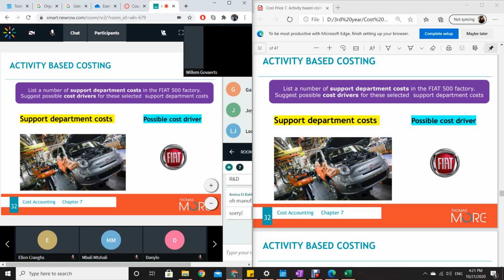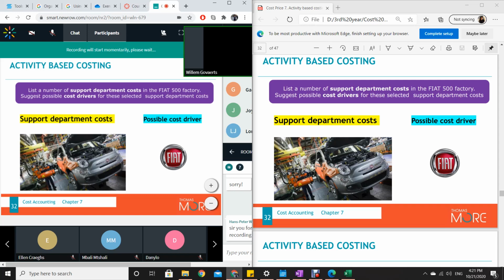Production is quite wide. It should be much more specific. So this is the place where they take components and put them together. Yeah, the assembly line. So in the assembly, for sure, it's good.